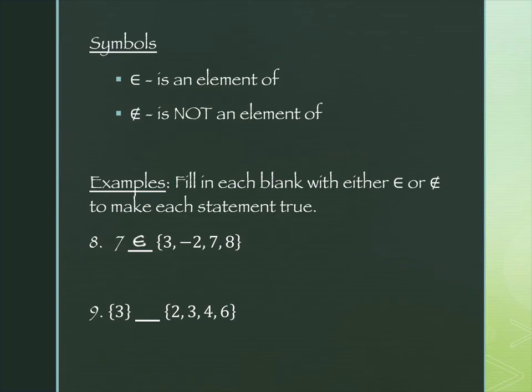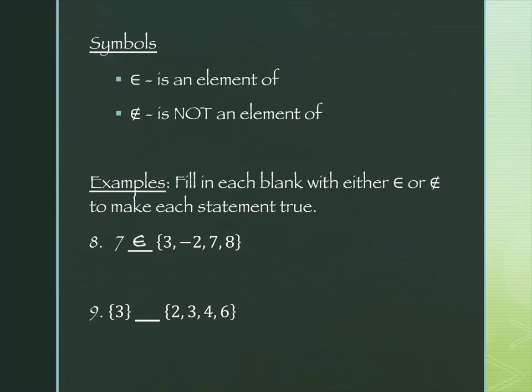Number 9 looks similar, but there is a difference between 9 and 8. It's the curly braces. Do you see that? Those curly braces tell you that this thing on the left-hand side isn't an element at all. It's a set. It's a lonely set. It's only got the number 3 in it, but it's a set.